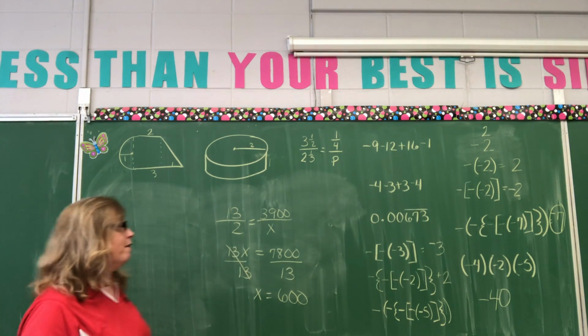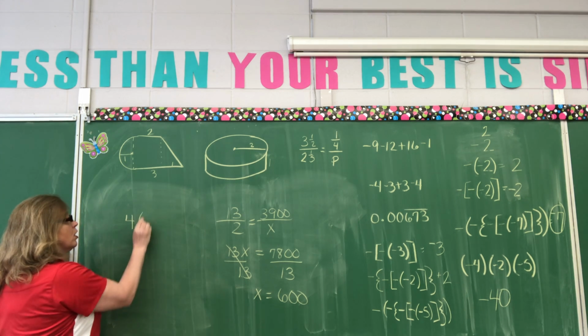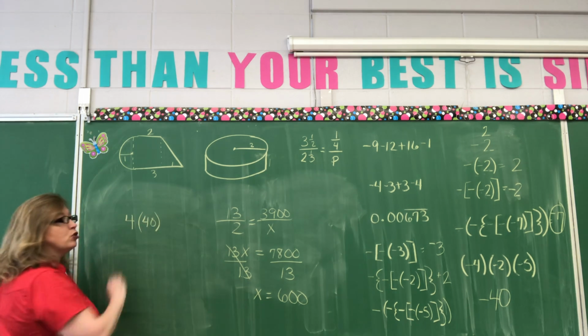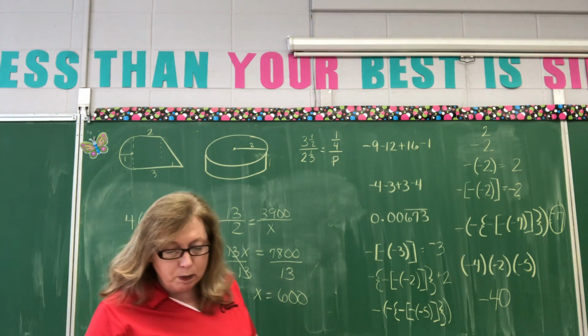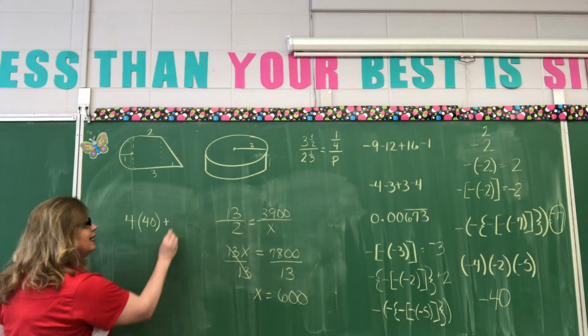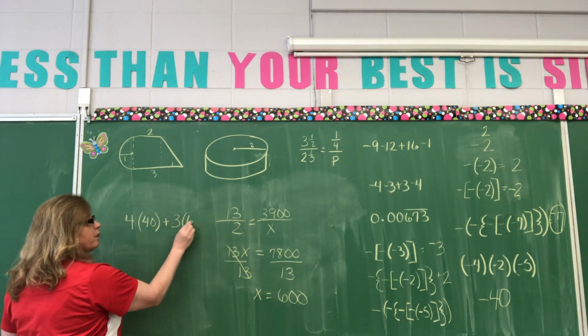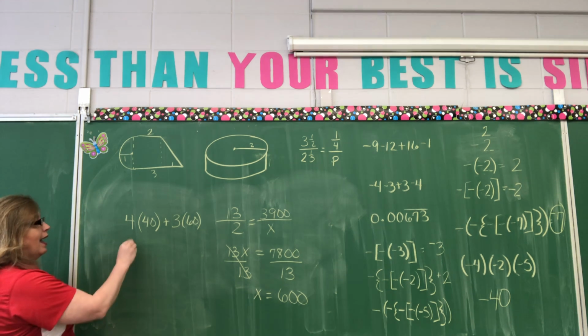The first speed, he went 40 miles an hour. How long did he do that? For 4 hours. Okay? That's a certain amount that he traveled. Then it says that he changed his speed and he went 60 miles an hour, and he did that for 3 hours. So now all I'm going to do is multiply and add.